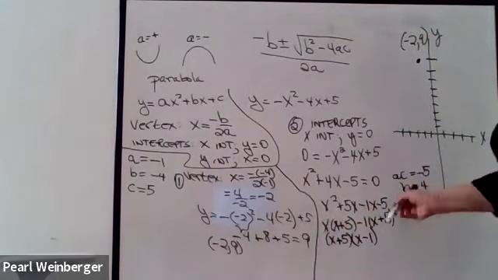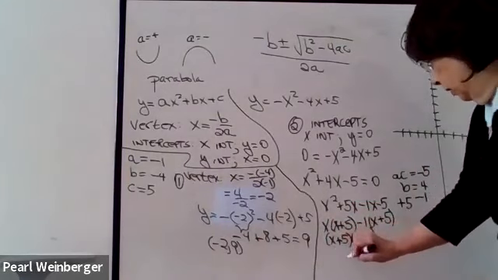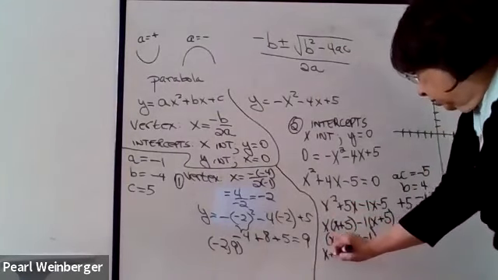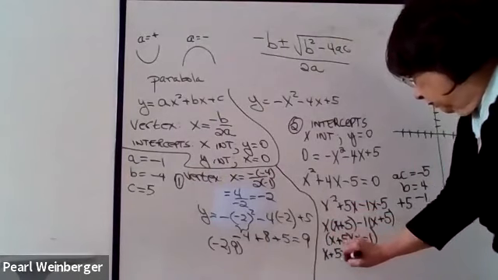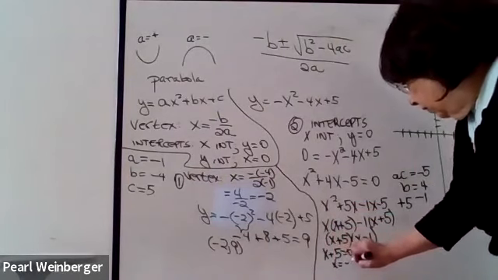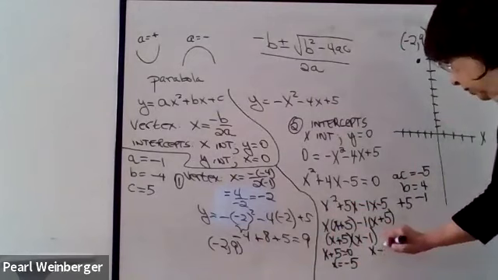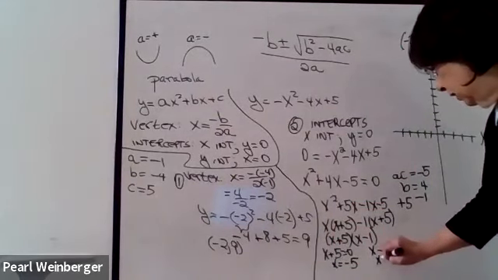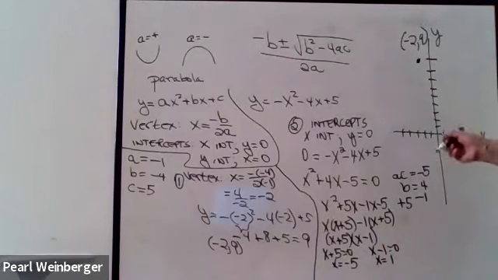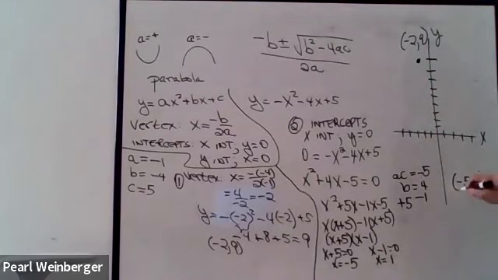And when we set each of these equal to 0, x plus 5 equaling 0 will give me x equaling -5, and x minus 1 equaling 0 will give me x equaling +1. So I'm going to have two x-intercepts. The x-intercept has the y at 0. So one x-intercept is (-5, 0), and the other x-intercept is (1, 0).